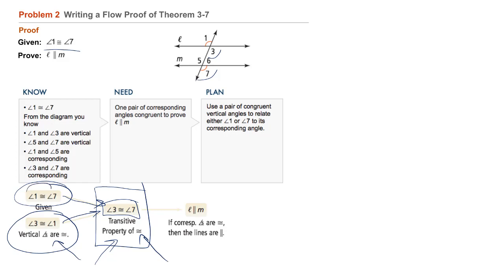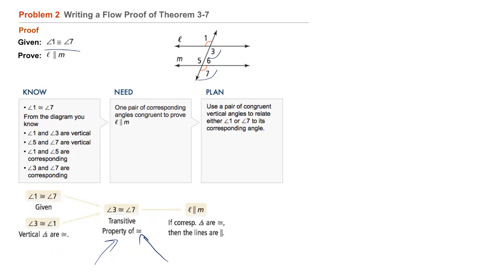So since angle 1 is congruent to 7 and angle 1 is congruent to 3, we can leave out that middleman, as I keep saying, and state directly that 3 and 7 are congruent. And that's, again, the transitive property of congruence. And then given all of those statements, we can now say that lines L and M are parallel.